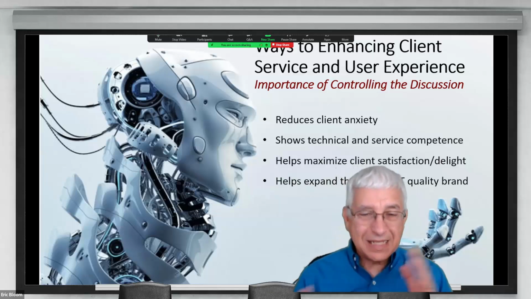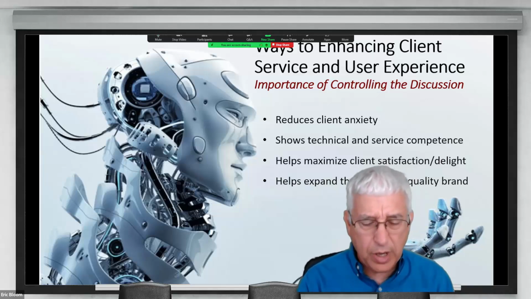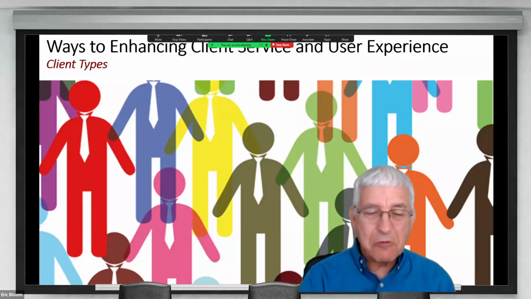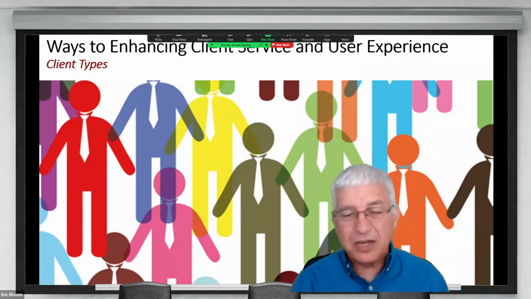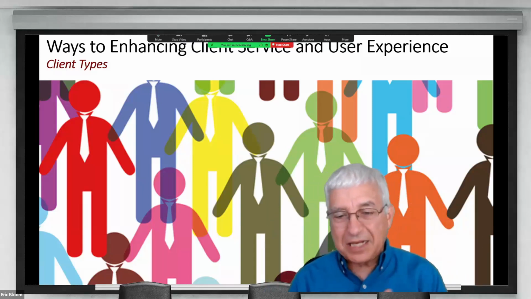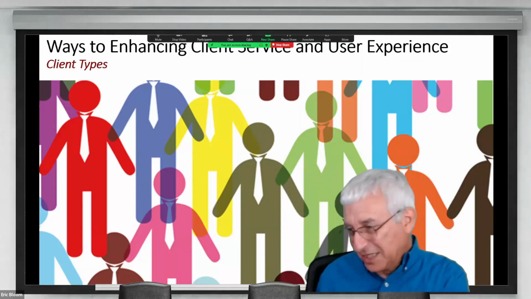Now, the next one, and this next section is just a little bit fun, but as you'll see, it's really poignant, is you really have to know your different client types. Now, put on your help desk, service desk hat, and in your mind's eye, as we go through this next section, really somewhat quickly, think of people and go, oh yeah, that's Mary. Oh yeah, that's Joe, and so on.